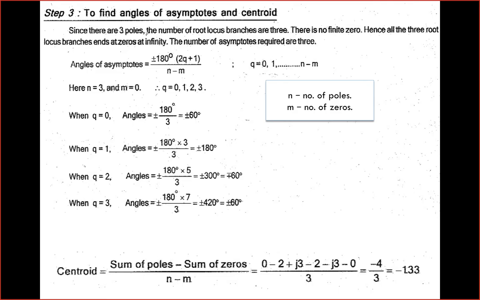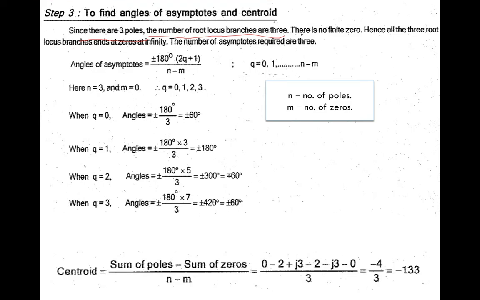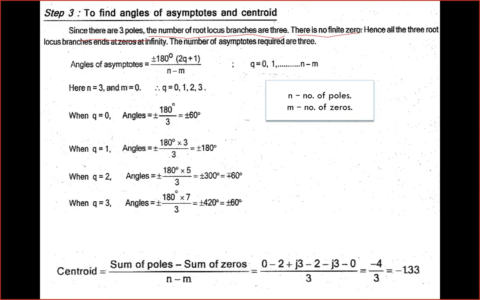So since there are 3 poles, the number of root locus branches are 3. இதுவும் நான் சொல்லியிருக்கேன். 3 போல்ஸ் இருக்கு. எத்தனை போல்ஸ் இருக்கோ அத்தனை பிரான்ச் இருக்கும். ஒரு பிரான்ச்சை கண்டுபிடிச்சாச்சு, இன்னும் 2 பிரான்ச் நம்ம கண்டுபிடிக்கணும். So number of root locus branches are 3. There is no finite zero. Zero கிடையாது இந்த ப்ராப்ளத்தில். No zeros.